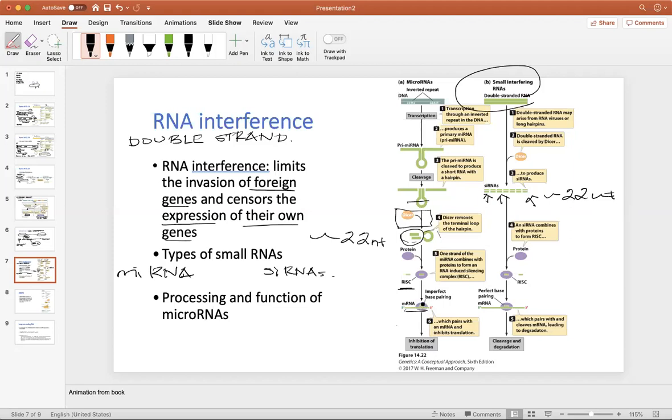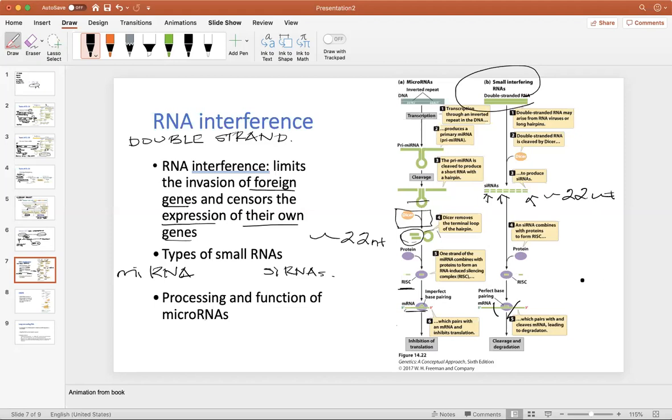You have imperfect base pairing here. That says just kind of shut down translation, turn it down a lot maybe, and you may still have a little bit of translation that occurs, but the mRNA transcript doesn't get cut up. Here, you actually are going to end up cutting and degrading this mRNA transcript, okay? This is particularly what happens when we have viral RNA.